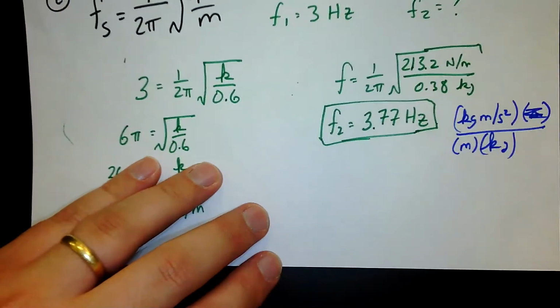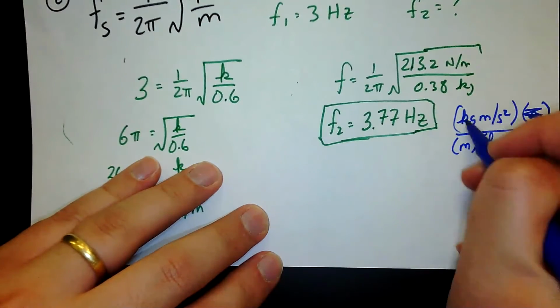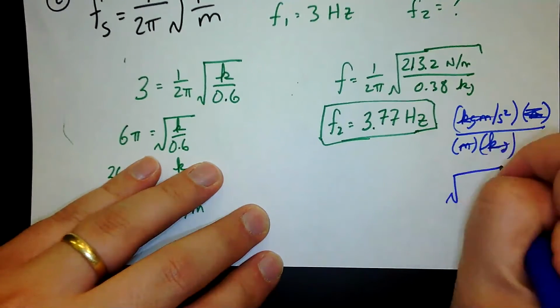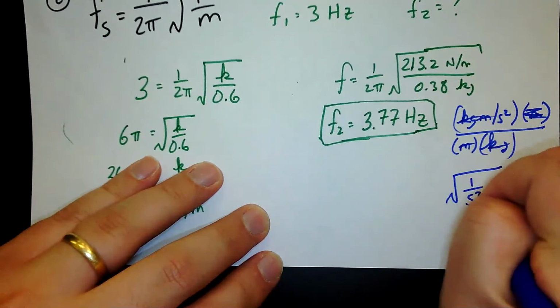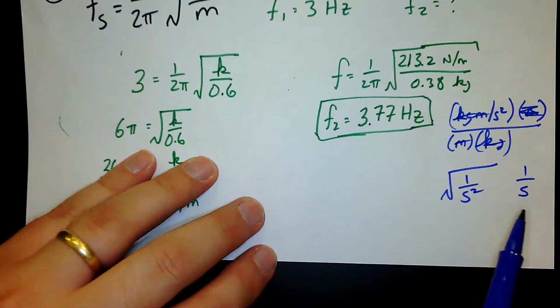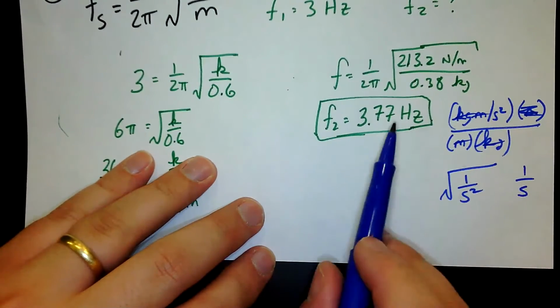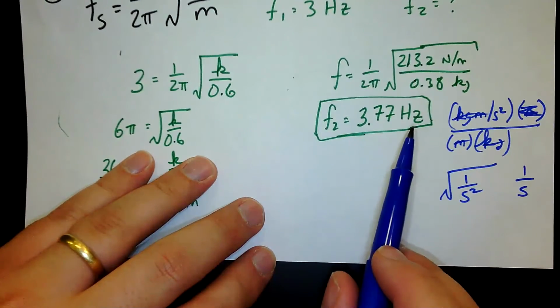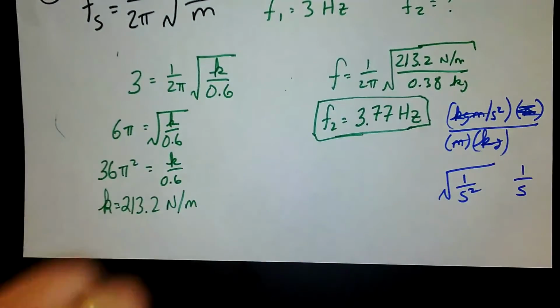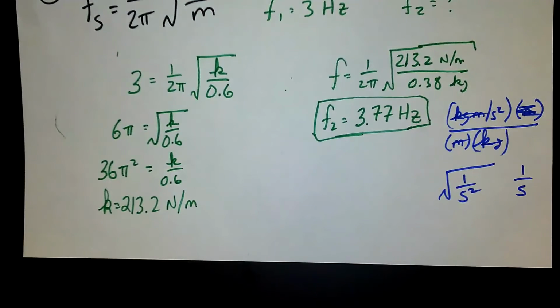What happens is your kilograms cancel out, and I'm left with the square root of 1 over second squared, which is 1 over seconds. Remember, Hertz is oscillations per second. So a Hertz is a 1 over second. So if 1 over a second comes out of the equation, you get Hertz.